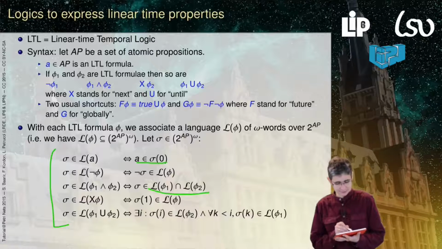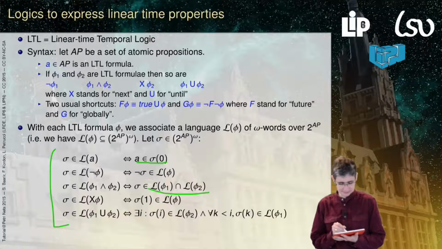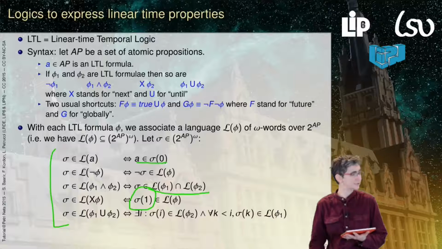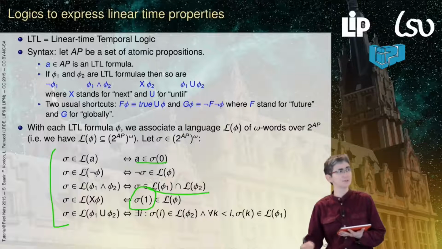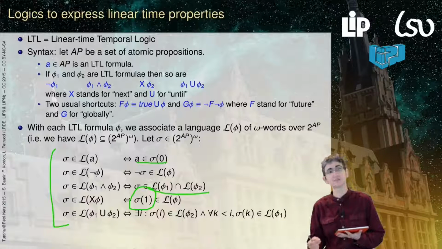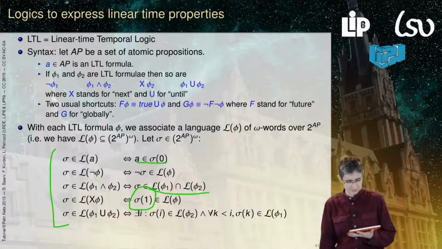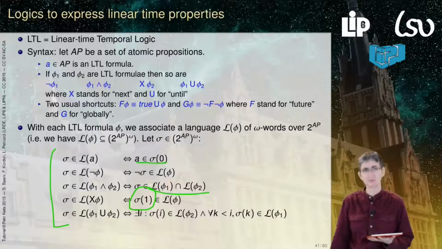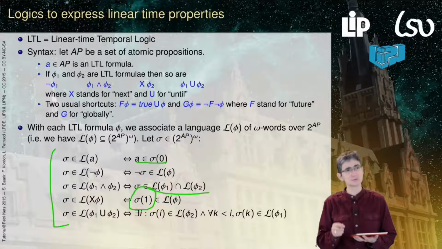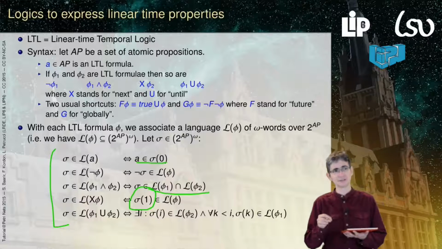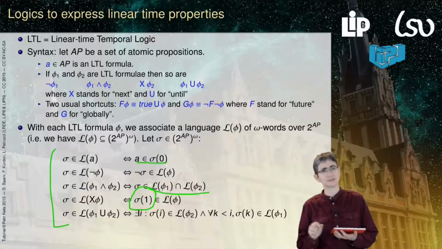As concerns the next operator, you can see that here you have sigma of 1. It's not the first state S0, it's the next state, and X means next operator. So I have in my sequence a first state, and for the second state I check whether it satisfies phi.